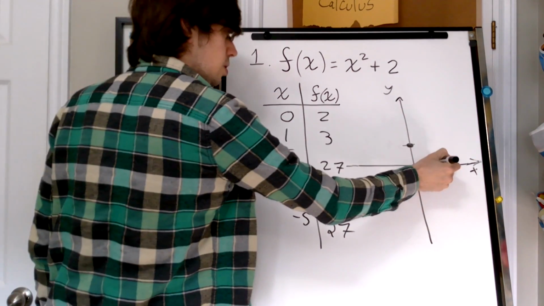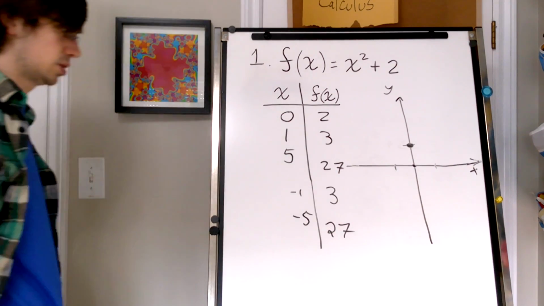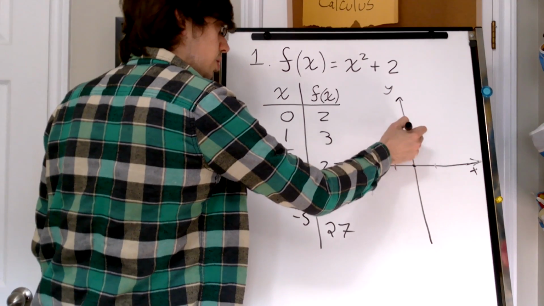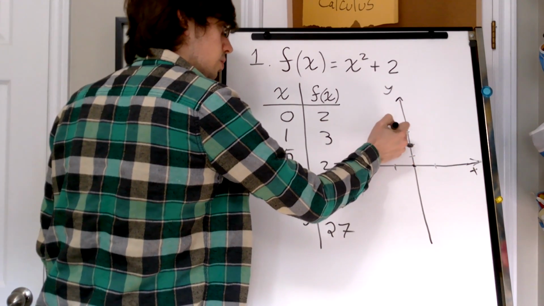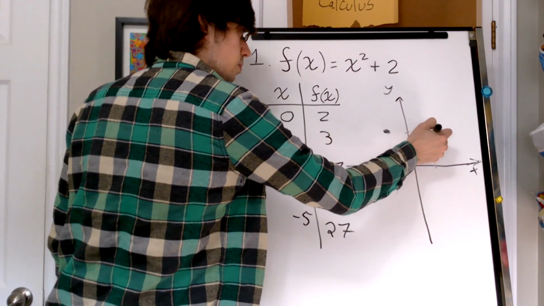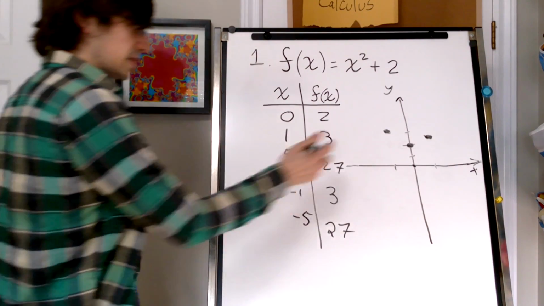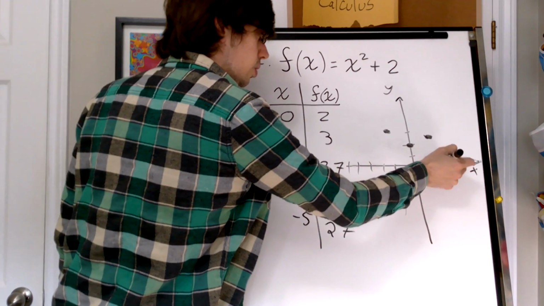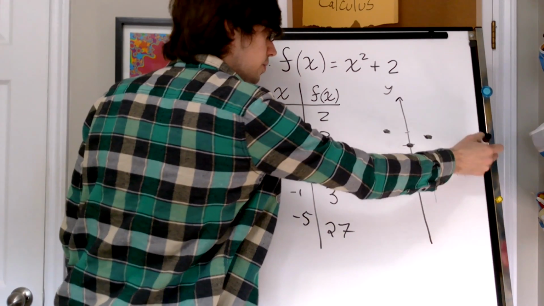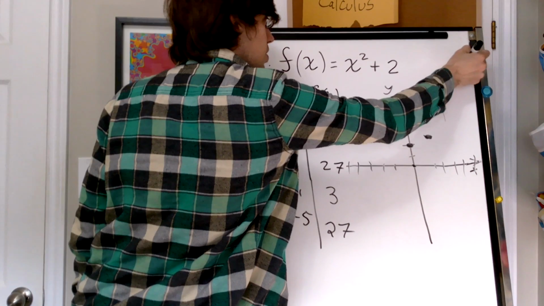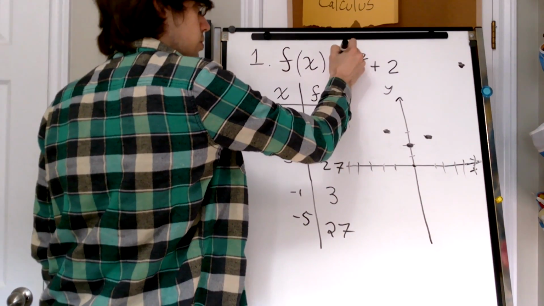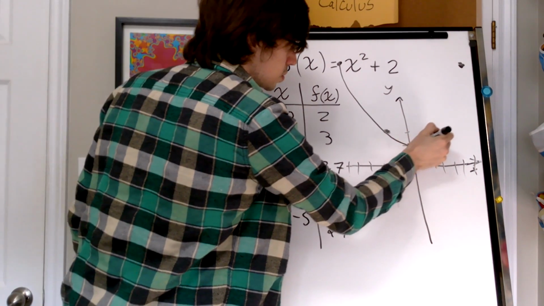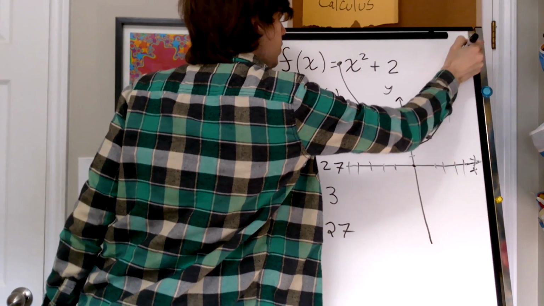At plus 1 or minus 1, we are at 3. That's 1, 2, 3. But then plus or minus 5, it's 1, 2, 3, 4, 5. All the way up, let's say 27. So our graph will look like that.